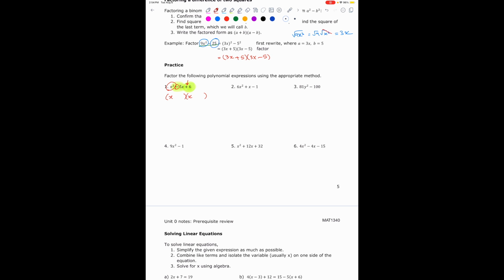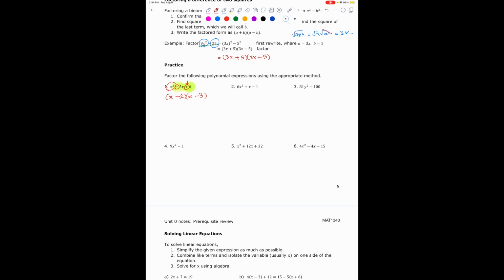And then I know that both signs have to be negative because the sign of the last term is positive, so both signs of the factors are going to be the same, and they're going to take the middle term sign. Now, two numbers that multiply to positive 6 and add to negative 5 are 2 and 3. So that is how you factor that first trinomial.